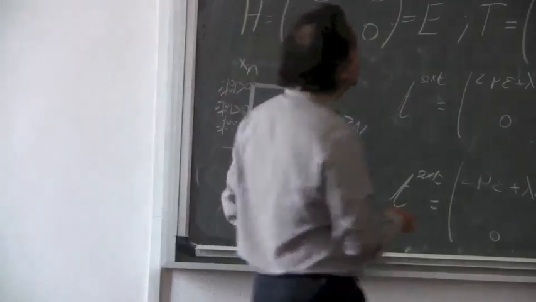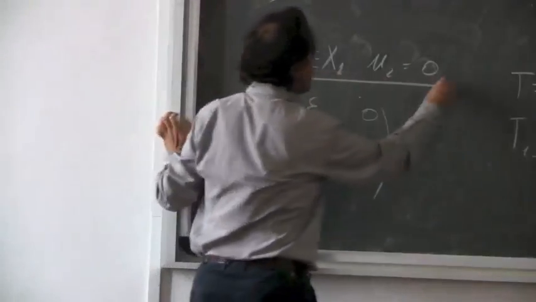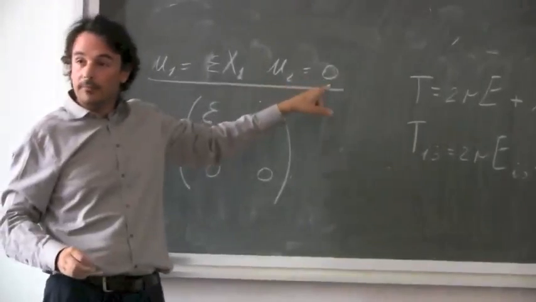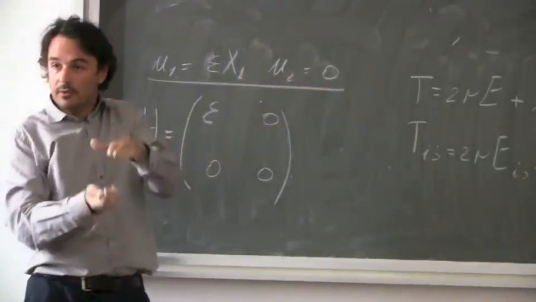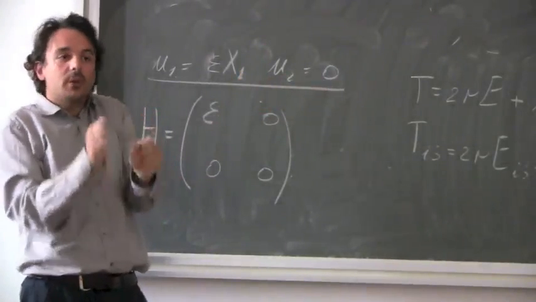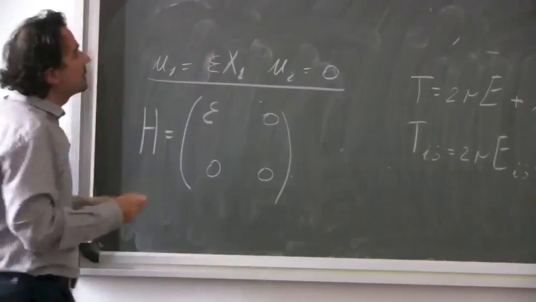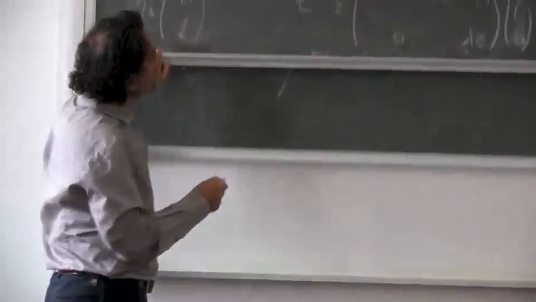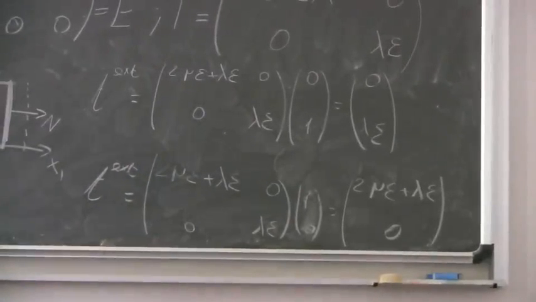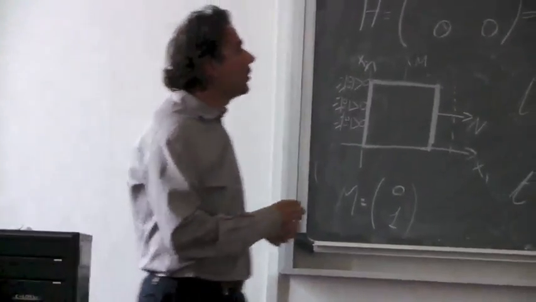But here, I have imposed this displacement function. So I have imposed u2 equal to 0. That means no restriction. It means that if you don't want to see the restriction, you have to apply some force. How much is this force? Lambda epsilon. And this is the so-called Poisson effect.